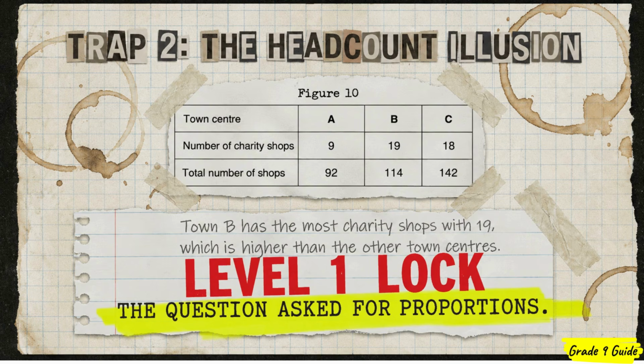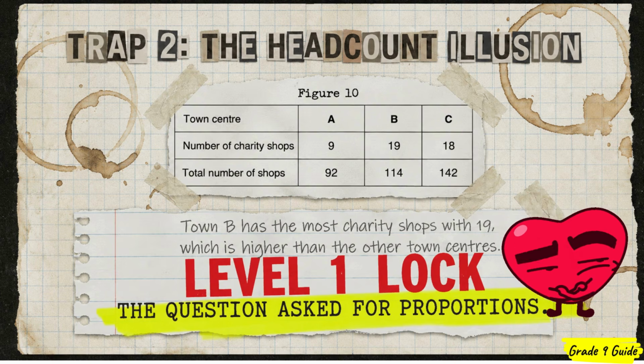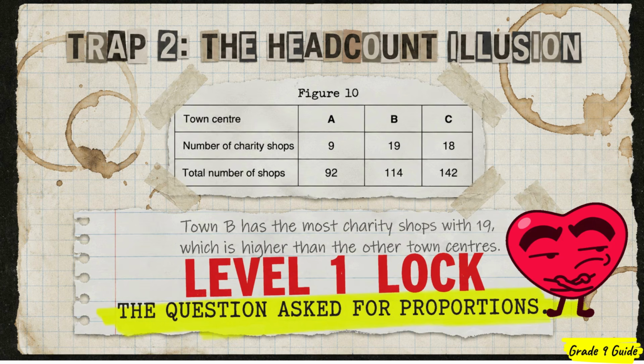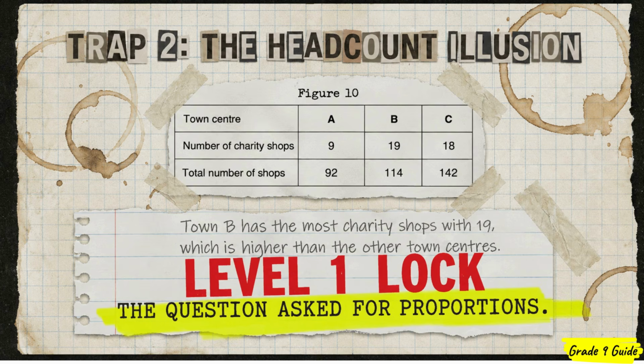Examiners flag this explicitly. Copying raw numbers locks you at level 1. The question asked for proportions. Those are 2 completely different things, and the raw numbers here are deliberately designed to mislead you.